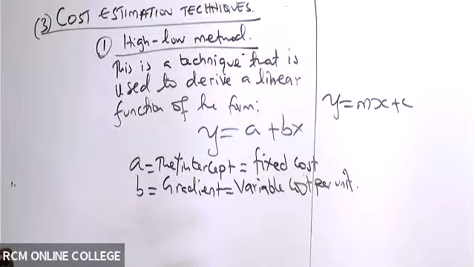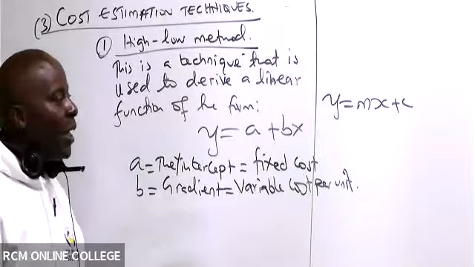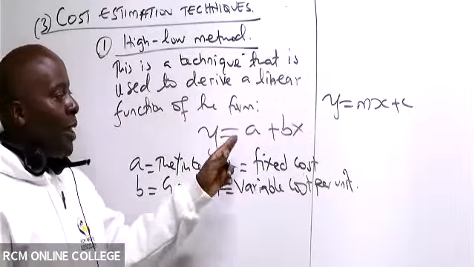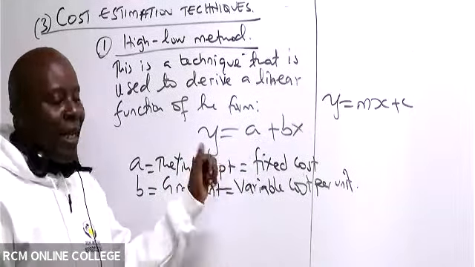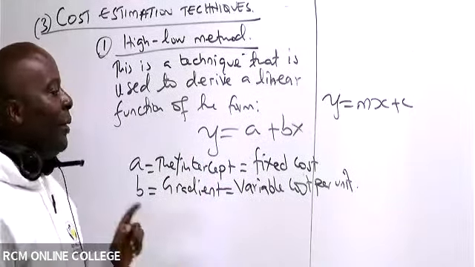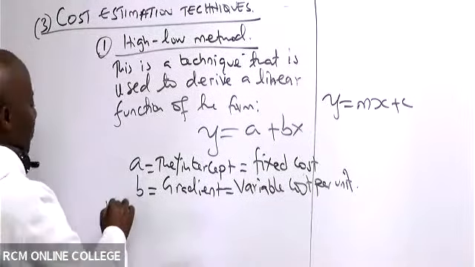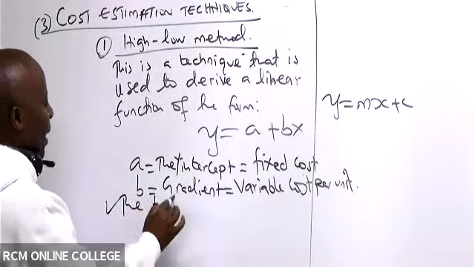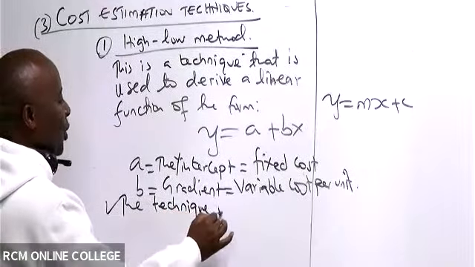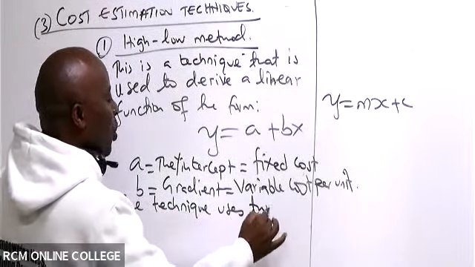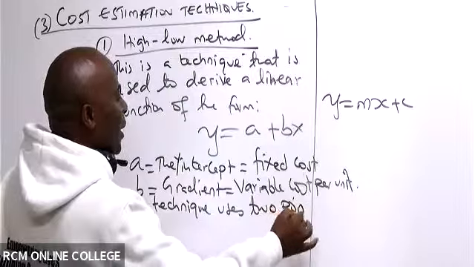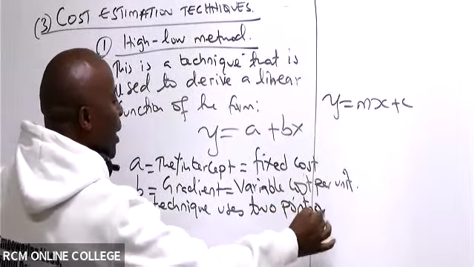So you're saying that the high-low method is a technique used to derive a linear function of the form y equals a plus bx. Of course, you've been made to understand what a is and what b is, and y and x are our variables. Most importantly, the technique uses 2 points only.